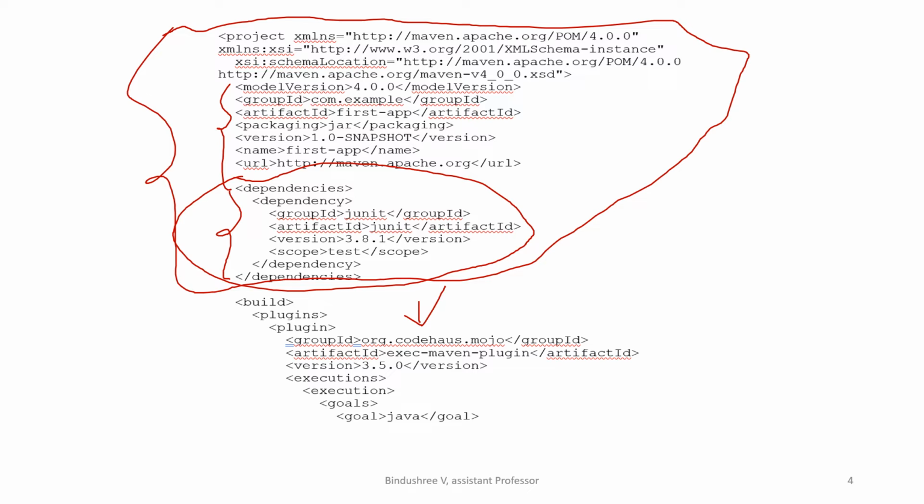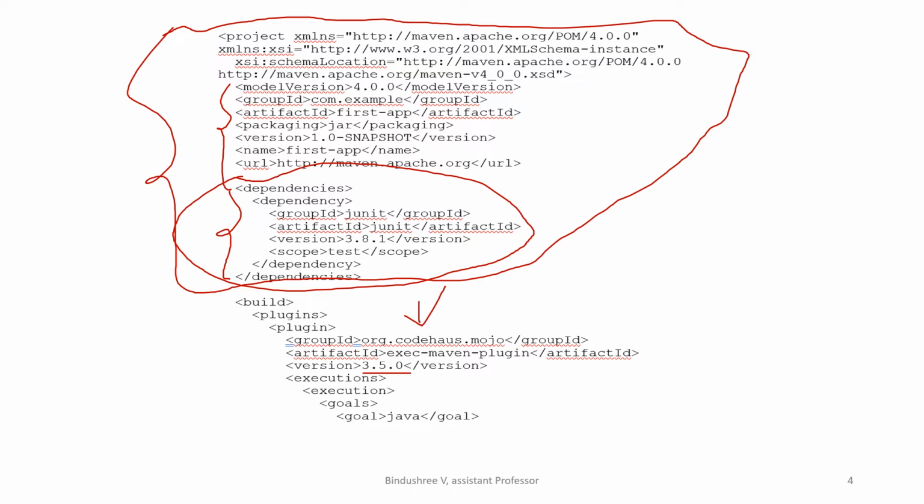You should provide the valid plugin name, that is exec, the standard plugin name. If you miss something out of here, you won't be able to see the output. The version is 3.5.0 because it is compatible with the Maven version that we are using, 3.6.3. That's why we are choosing 3.5.0.